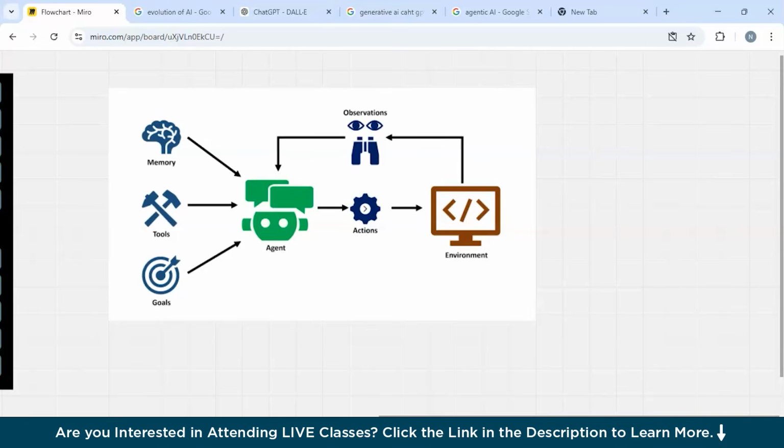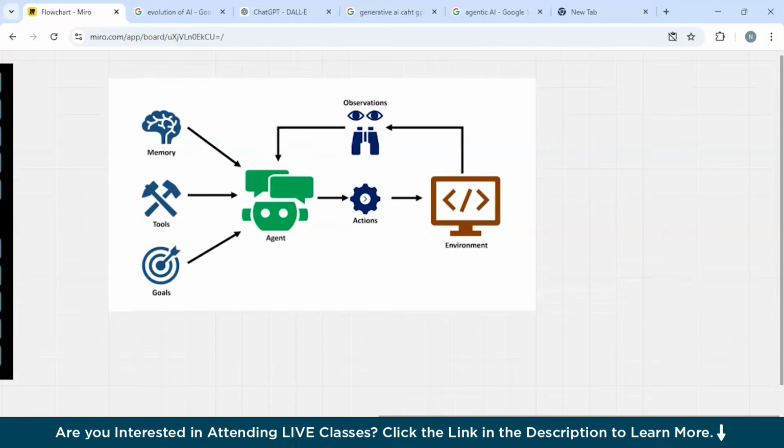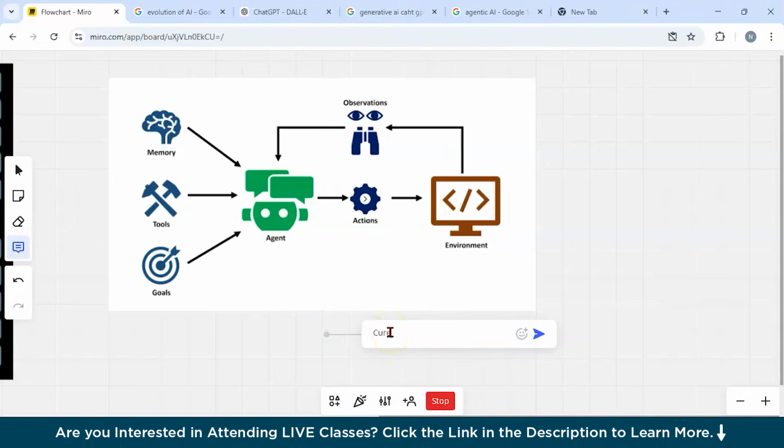So, imagine based on the output we get all over here, we could get something like this: say, current inventory level at 75% capacity.